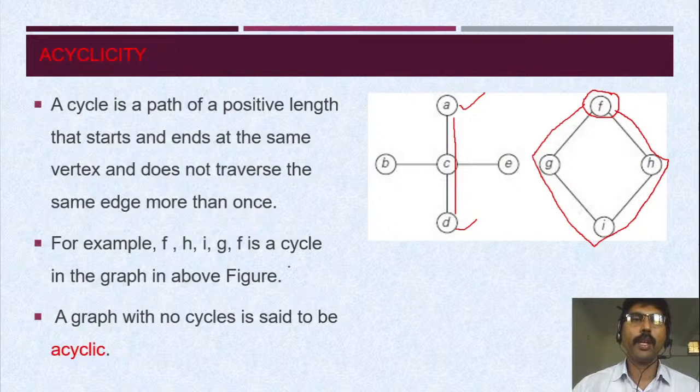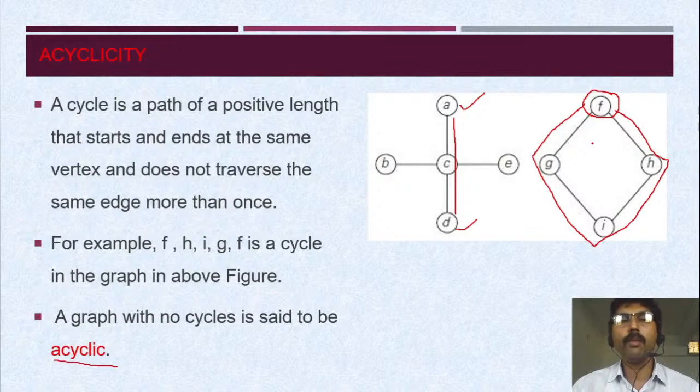In many applications we have to check for acyclicity. One more time, what is the meaning of cycle here? A cycle means the vertex is traversed more than once in a path, the same vertex appears more than once in a path, and then we can say the path is cyclic.